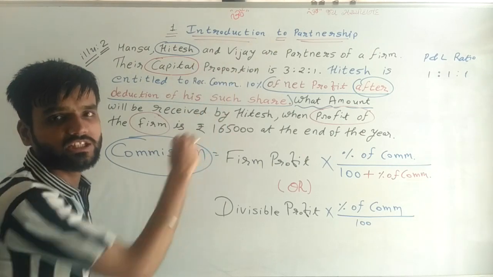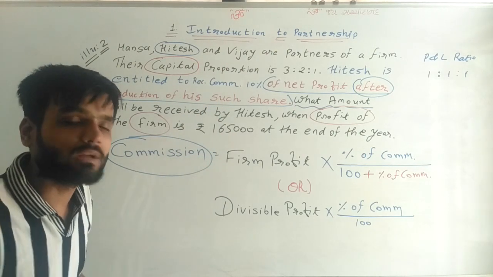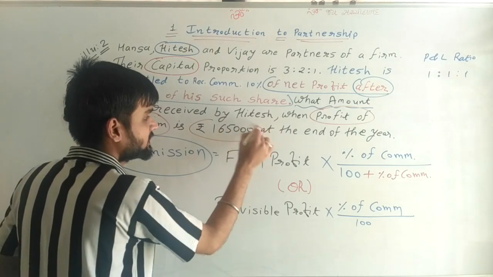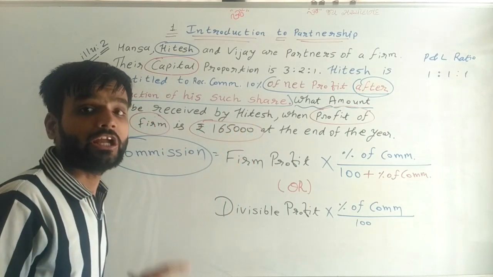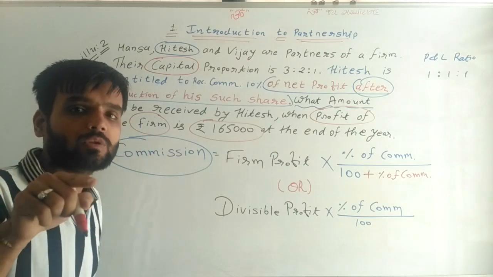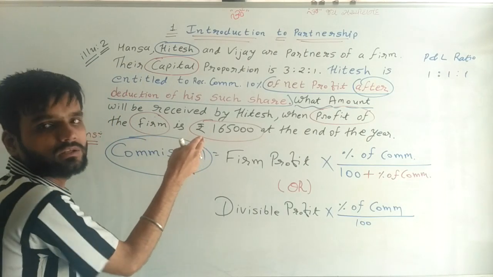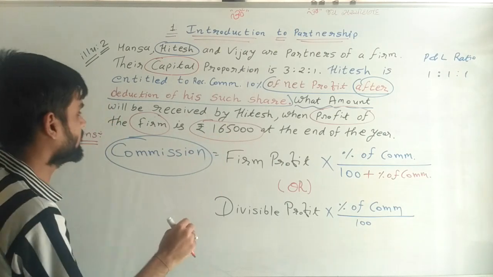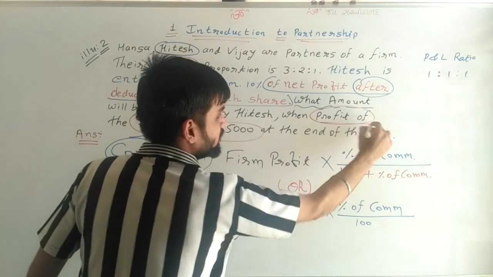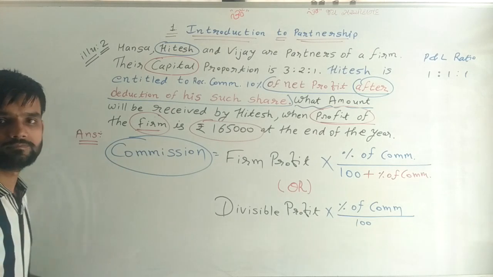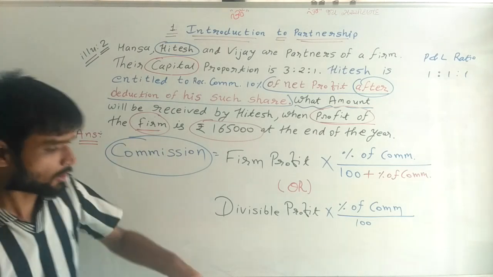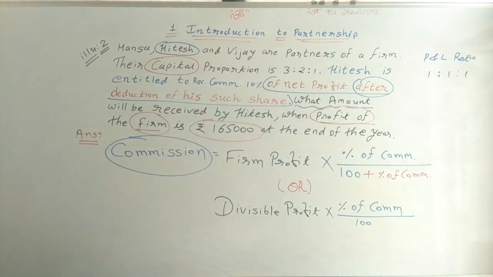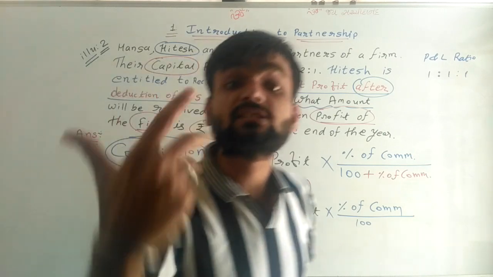In the question, what is given? Which profit is available? Sir, here 1,65,000 is available. It is an amount, but which profit is it? So 1,65,000 is the profit of the firm. Sir, here the firm's profit is given.